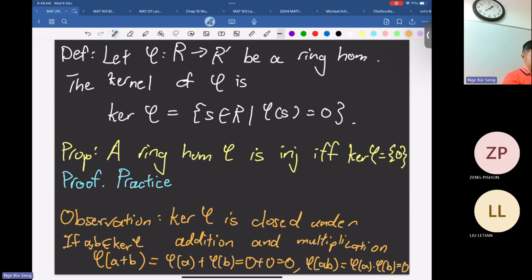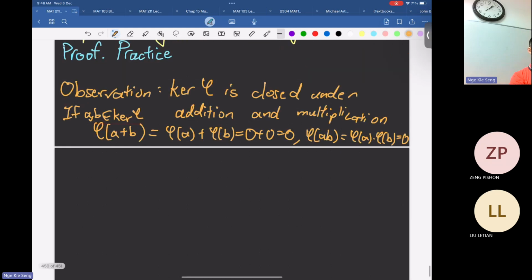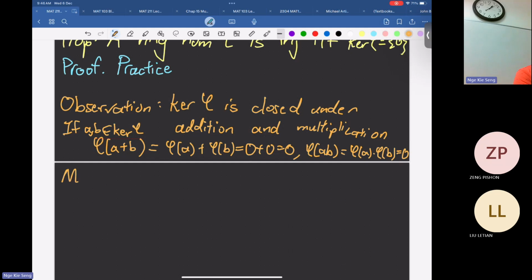Actually, there's another property of this kernel. It's very special about this kernel, a very important property you need to know.